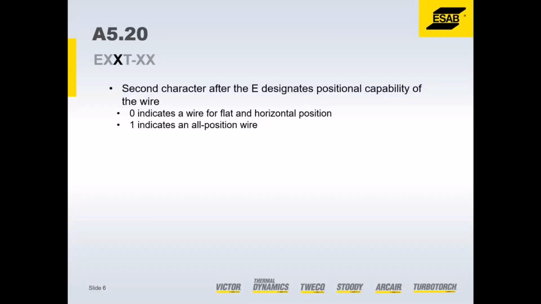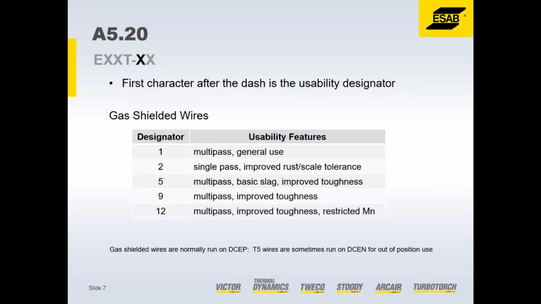That is going to mean that it is for a flat or horizontal wire. 1 would be an all position wire. Then you're going to have a T because it is a tubular product, so a cored product.